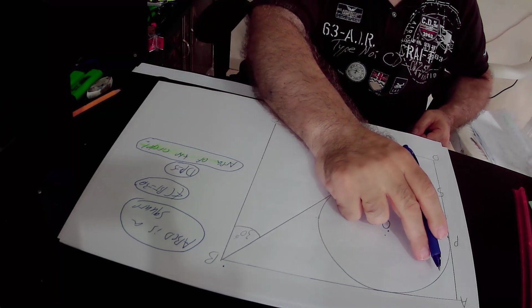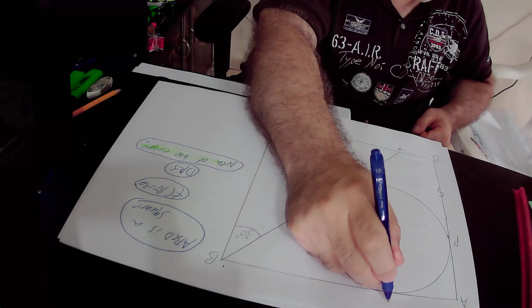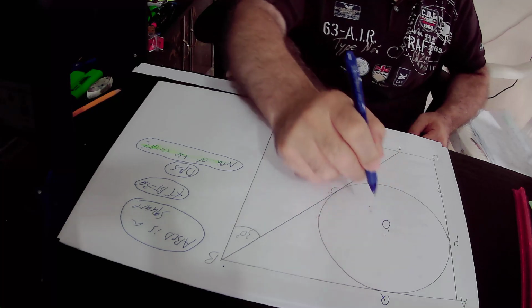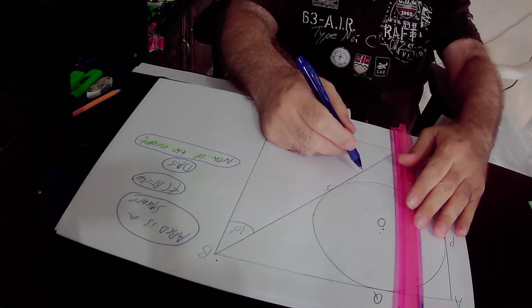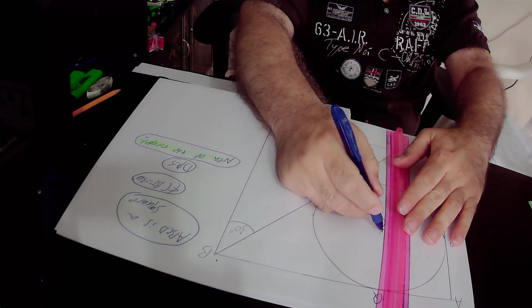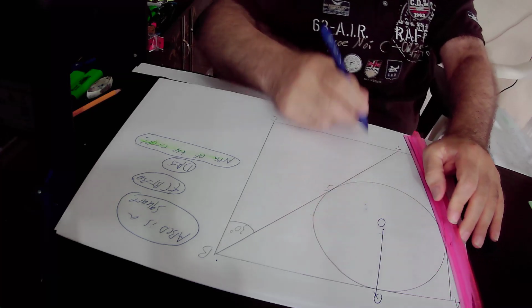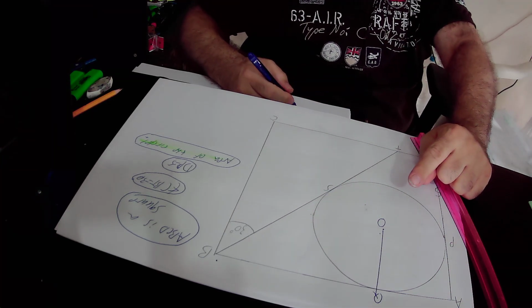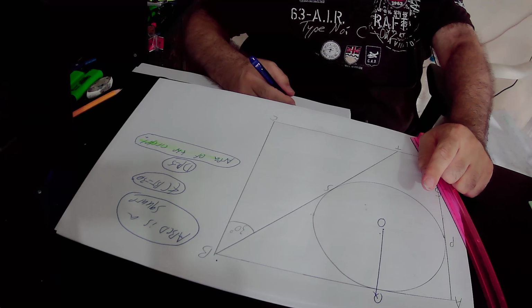And the point of tangency of tangent AB with this circle is Q. We will join points O and Q together by a straight line. Point O is the center of the circle. Point Q is a point on the circle itself.